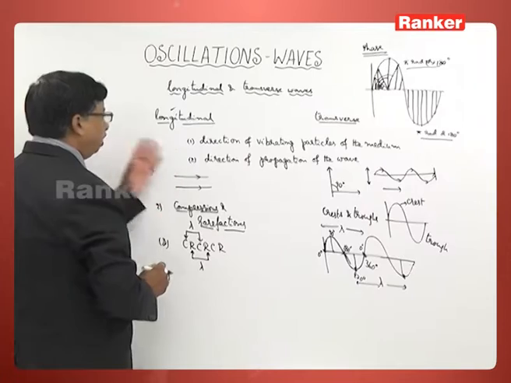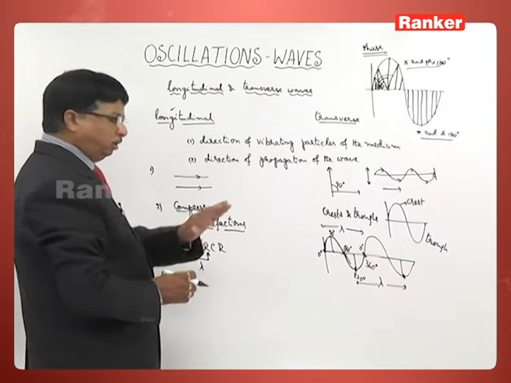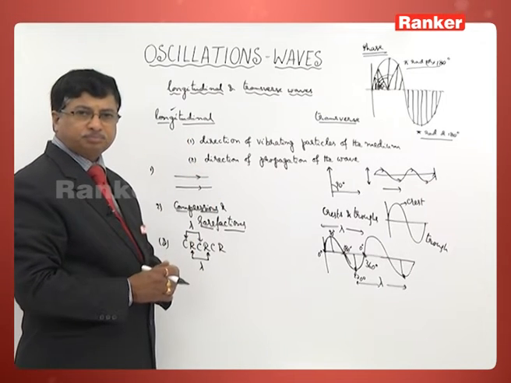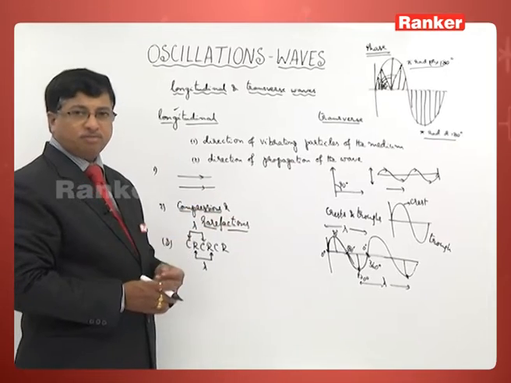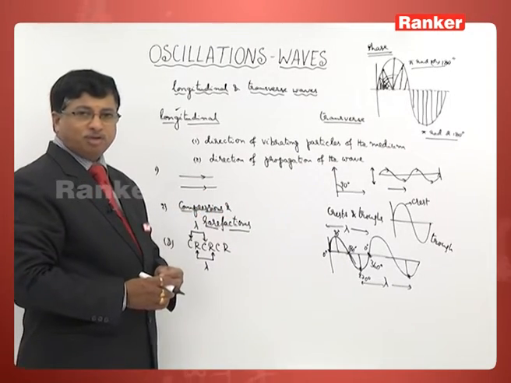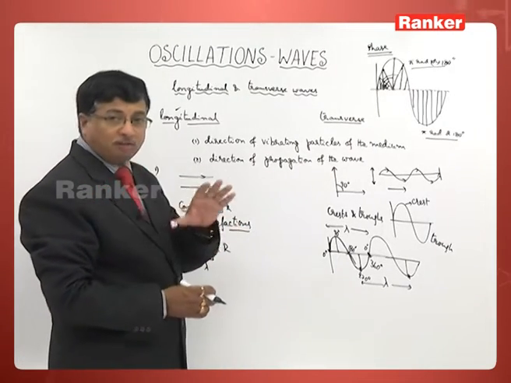These longitudinal waves you can produce in any state of matter. What do you mean by any state of matter? You can produce them in solids, you can produce them in liquids, you can even produce them in gases as well.